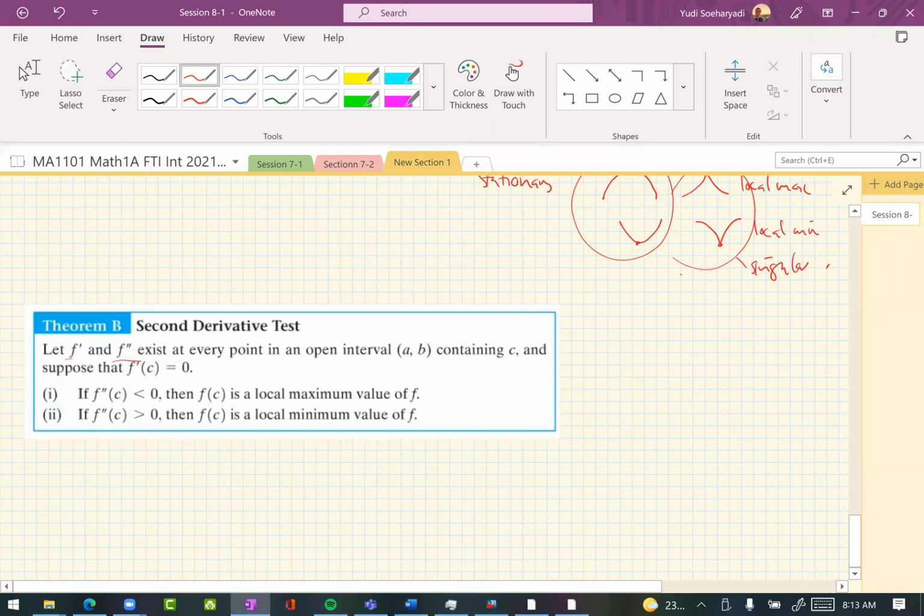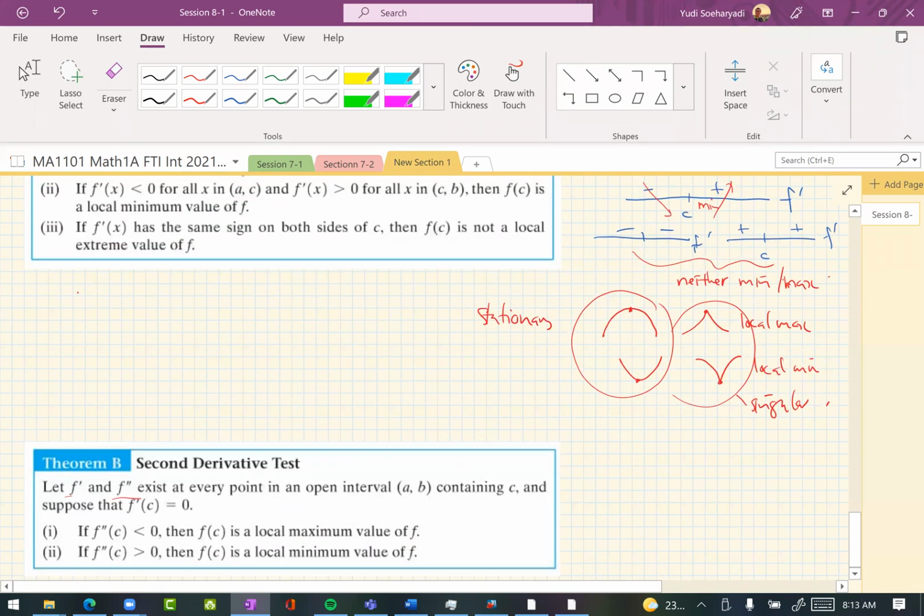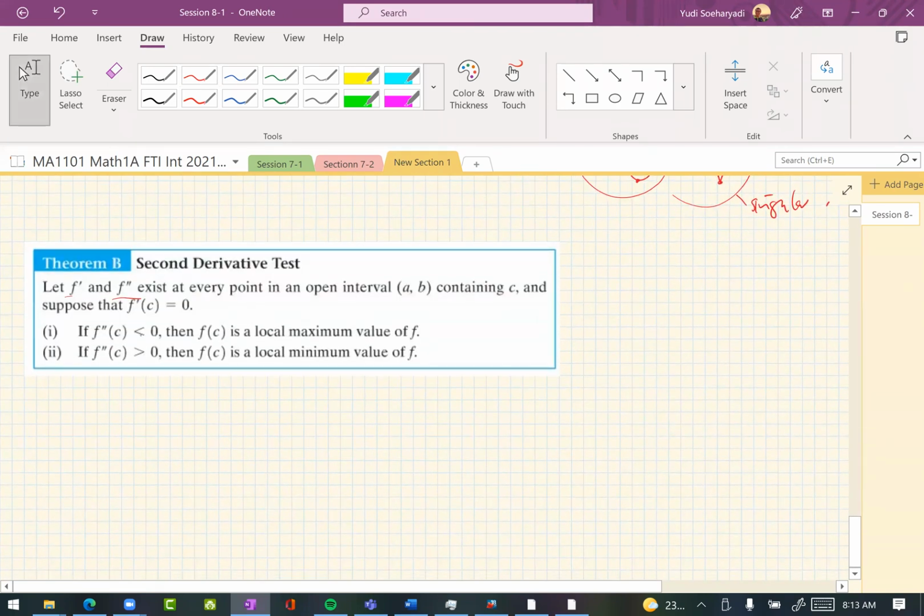And so it has more restrictions than the first derivative test. This is stationary, so that's not singular.